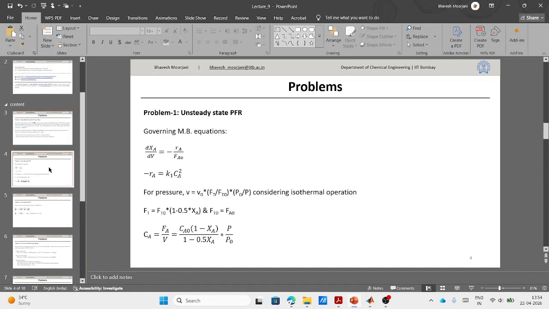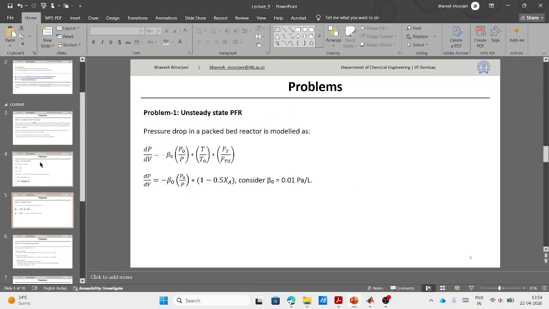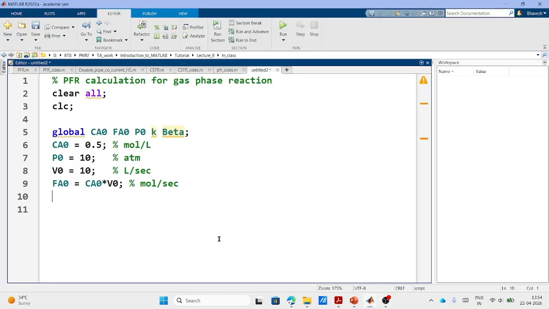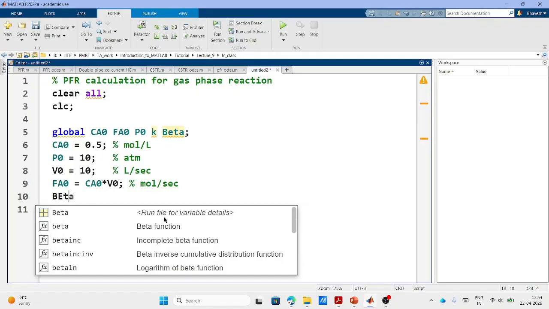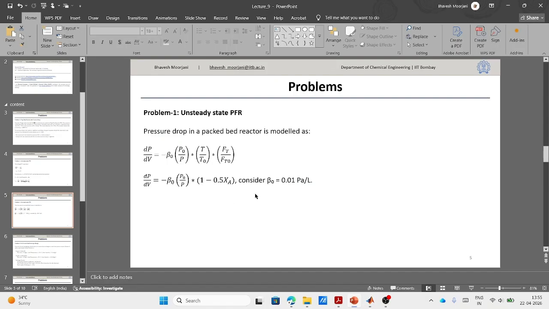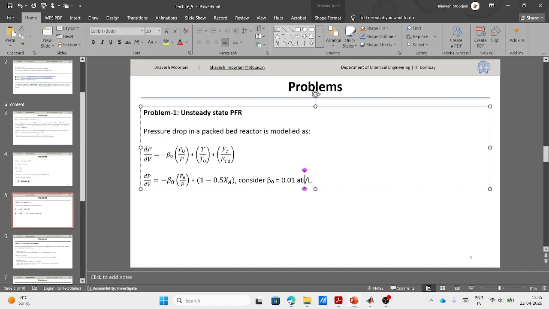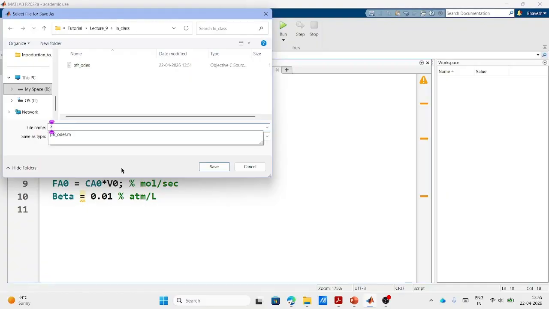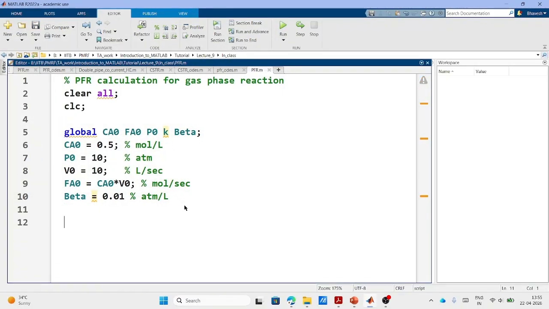No, we don't need viscosity information. Yeah, beta value is 0.01, this much per liter. Let's keep it in atmospheres because here we are also using the same unit, atm, so that we are consistent with the units.